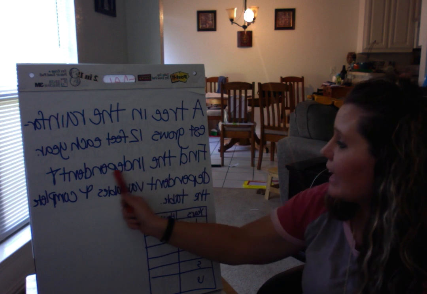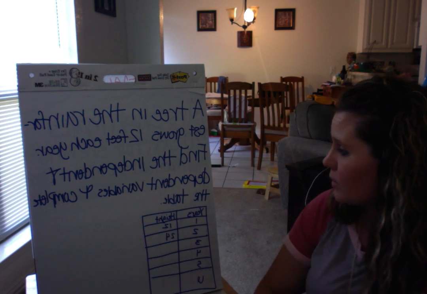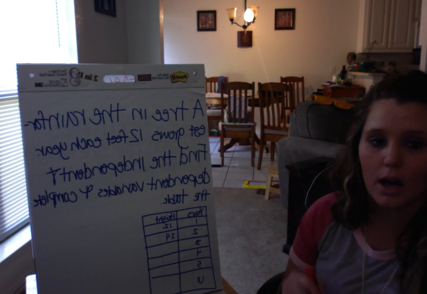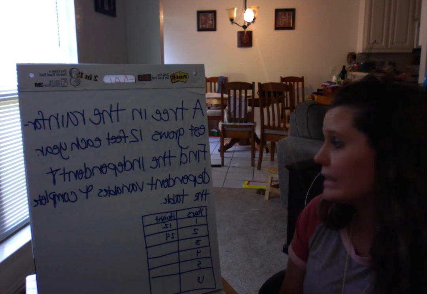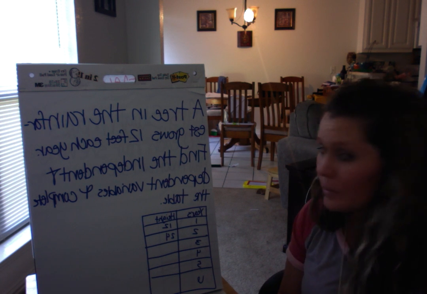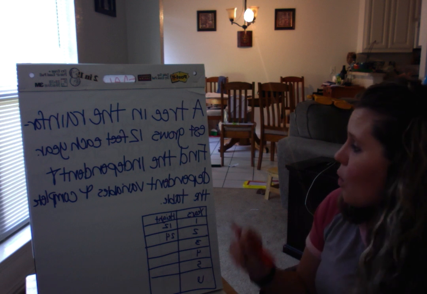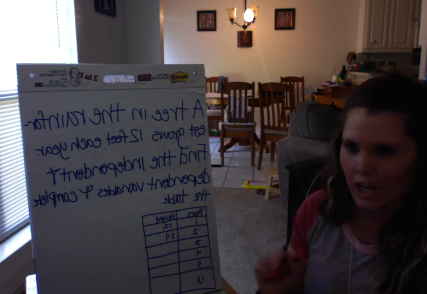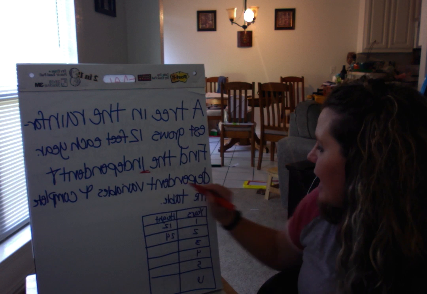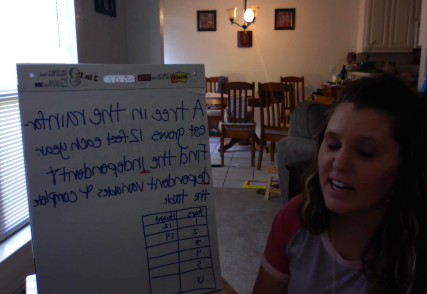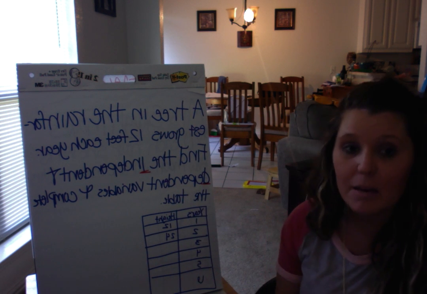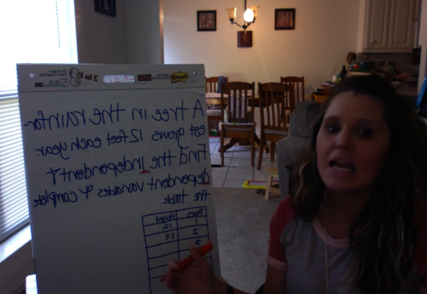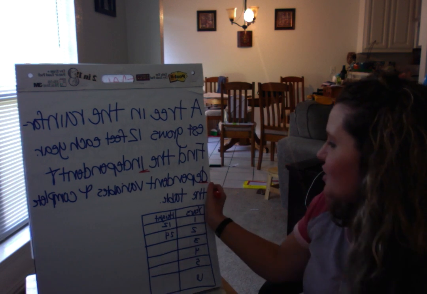We need to find the independent and dependent variables and complete the table. When we are finding the independent and dependent variables, we're going to label them with, kind of shocking, kind of crazy, an I and a D. I would stand for which one? Yeah, independent. And D would stand for dependent. Very good job.